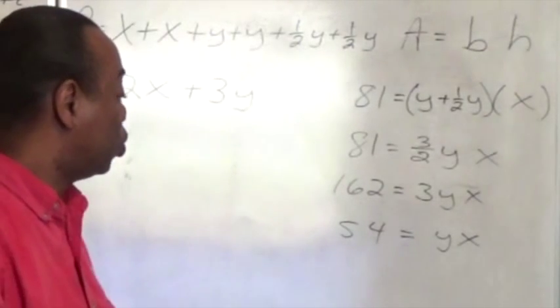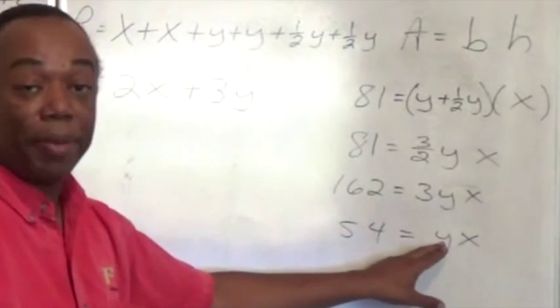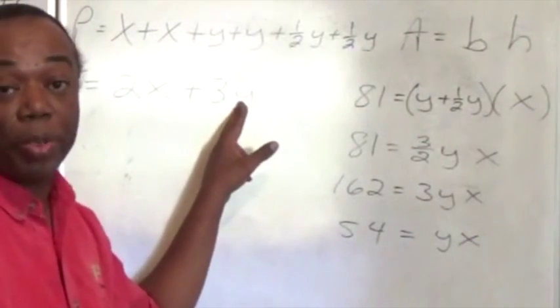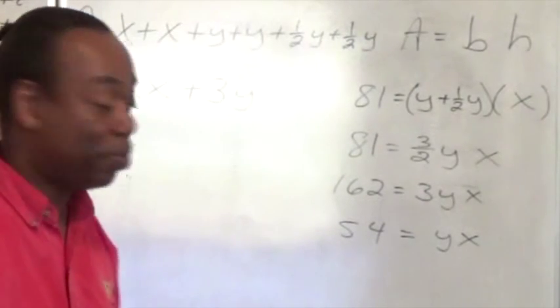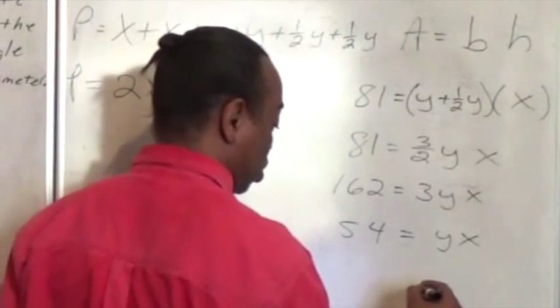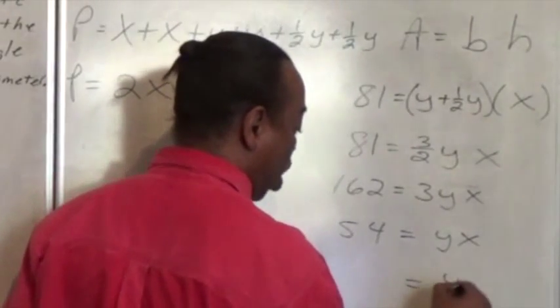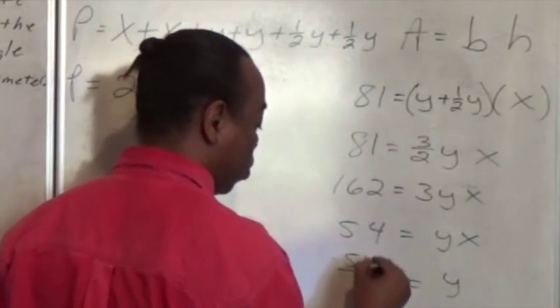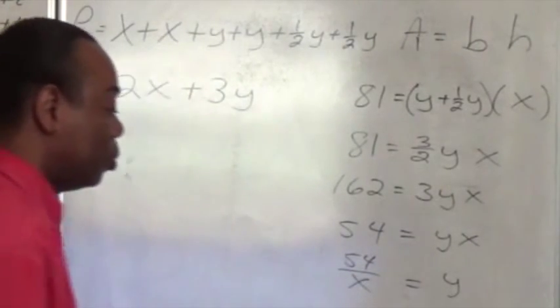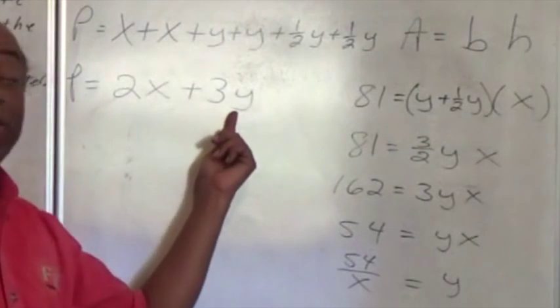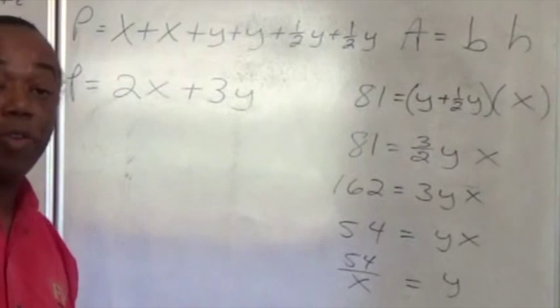Now, I'm going to solve for y so that this y here can be replaced in terms of x. So this implies that y is 54 over x. So I'll substitute this y here for 54 over x.